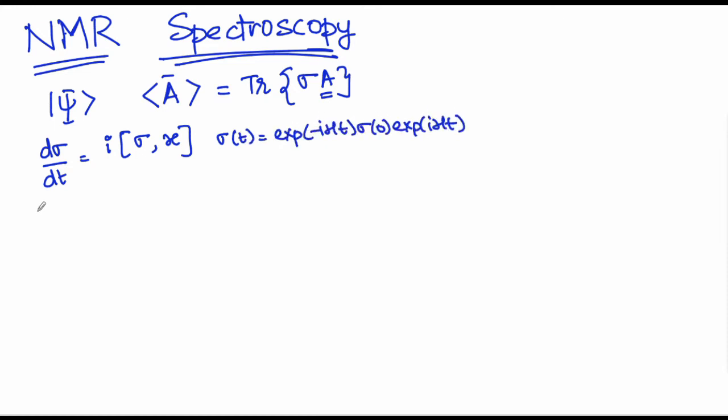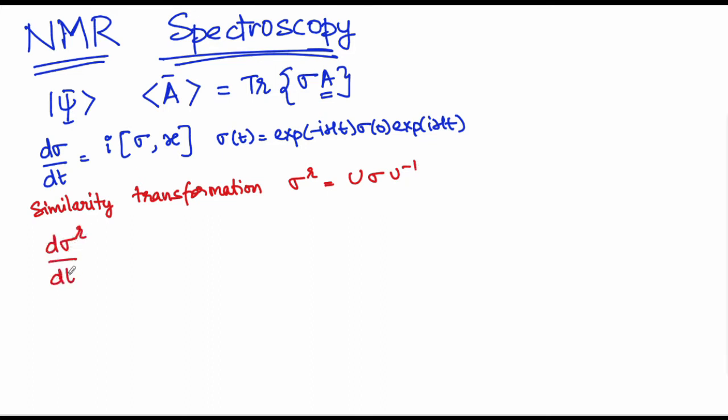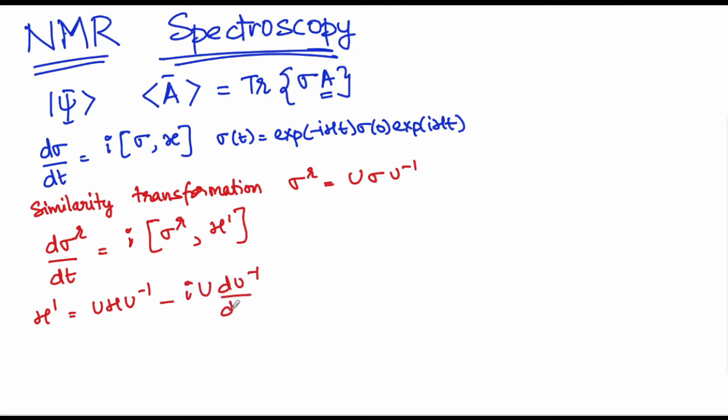Therefore, we resorted to a similarity transformation where the density matrix is transformed with a unitary matrix U. And here what we were able to achieve is that once you deduced it, you are able to arrive at an equation where d sigma r over dt will be given by sigma r comma h prime, where this h prime would be u h u inverse minus i u du inverse by dt.